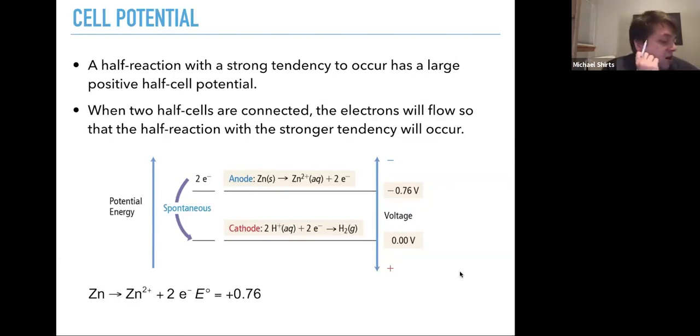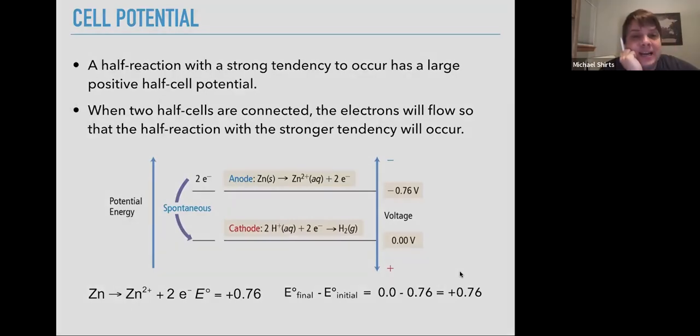And so overall, zinc to zinc 2+ plus 2 electrons has a potential of plus 0.76. And so if we look at this particular cell, E final is 0, E initial, the reduction potential of the zinc, is minus 0.76. So we get a positive 0.76. Electrons will spontaneously move from the zinc anode to the cathode, at which the reduction of hydrogen is taking place.